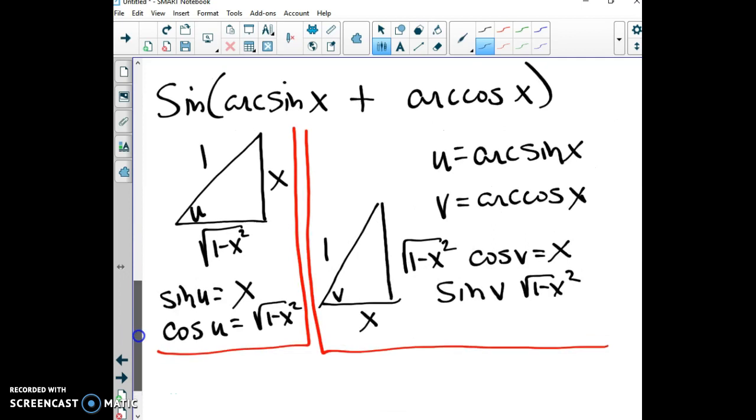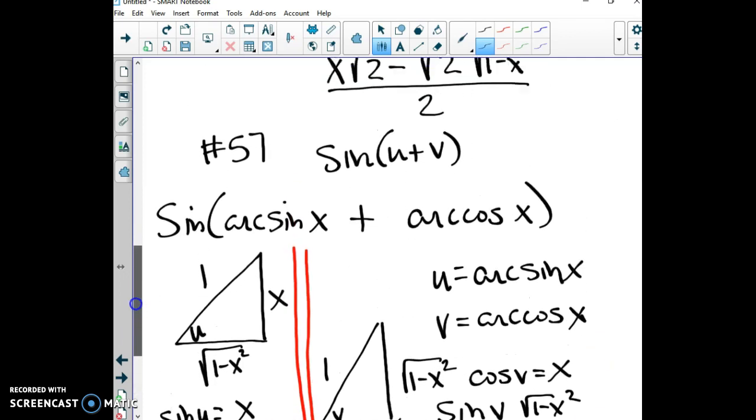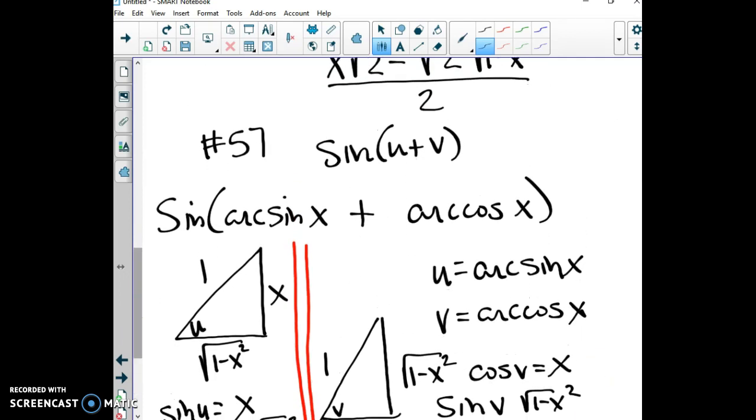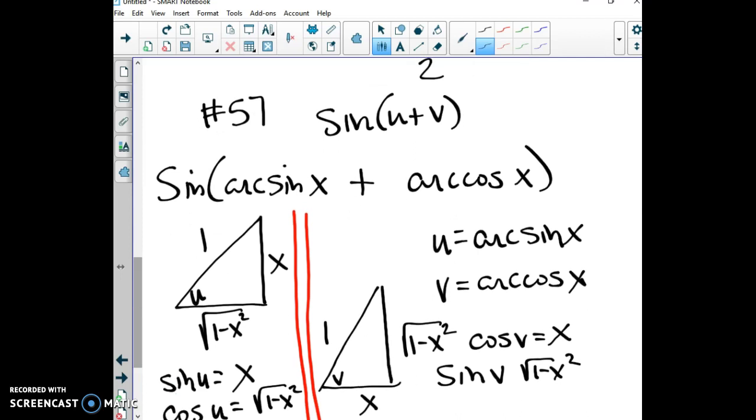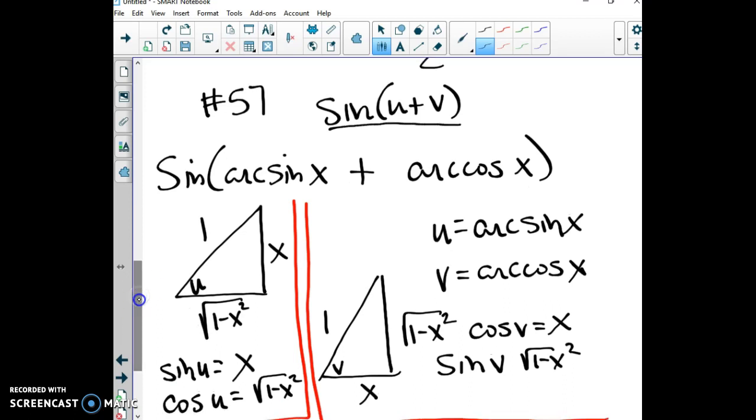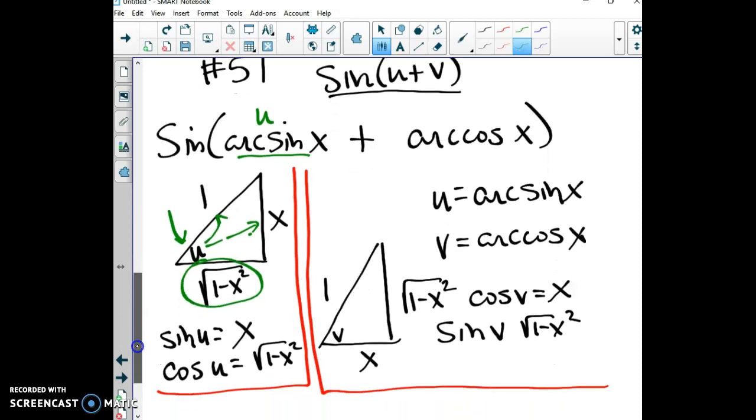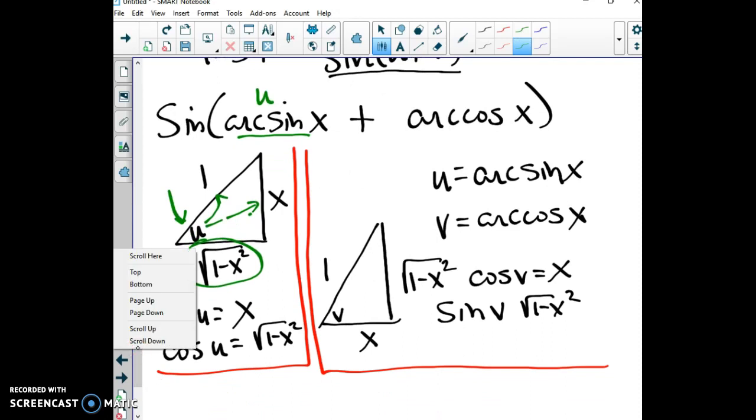So this problem 57 is asking us to find the exact value of sine of arc sine x plus arc cosine x, and we see that falls within our pattern sine u plus v. So we're going to name our first angle arc sine of x. We're going to call that u. This is saying the sine of some angle is x, so the opposite over the hypotenuse, and from that we can deduce that our final side is the square root of 1 minus x squared.